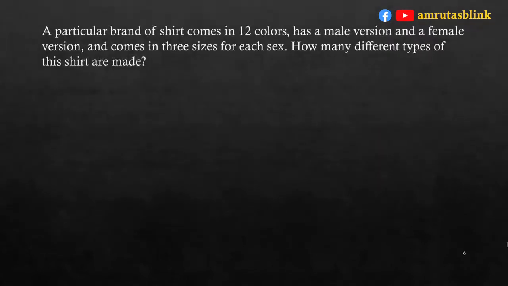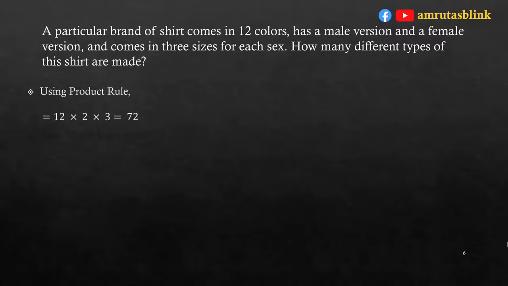Moving to the next question. A particular brand of shirt comes in 12 colors, has a male version and a female version, and comes in 3 sizes for each sex. How many different types of this shirt can be made? Now, first of all, there are 12 colors. After that, two versions are possible, that is male version and female version.